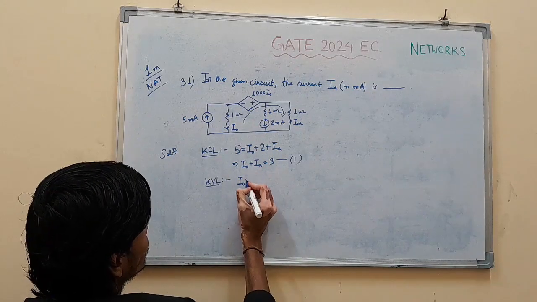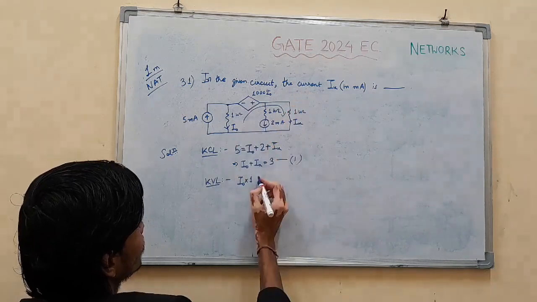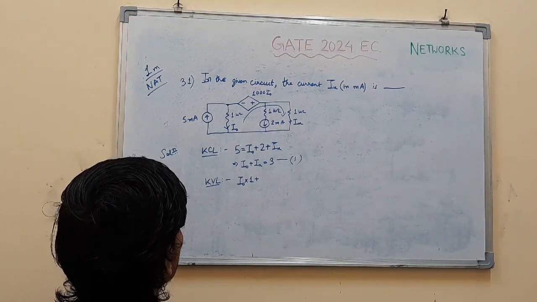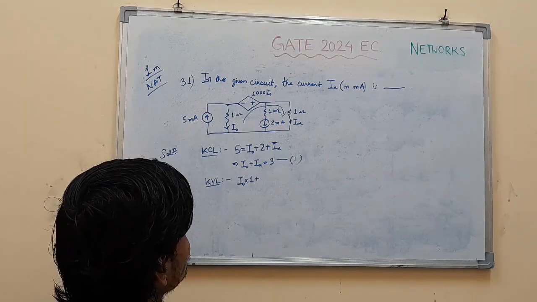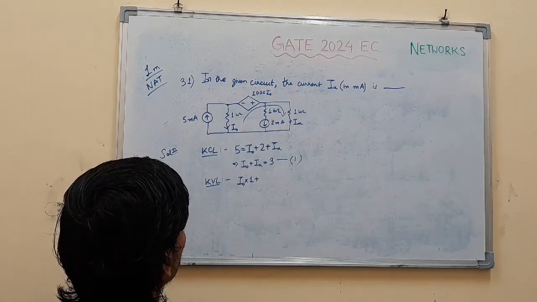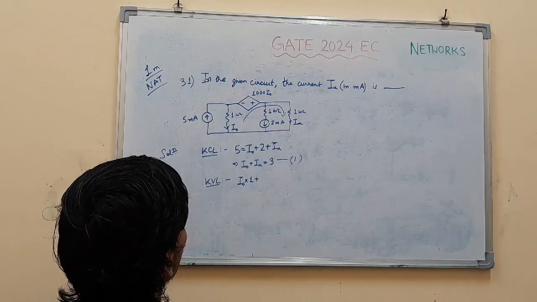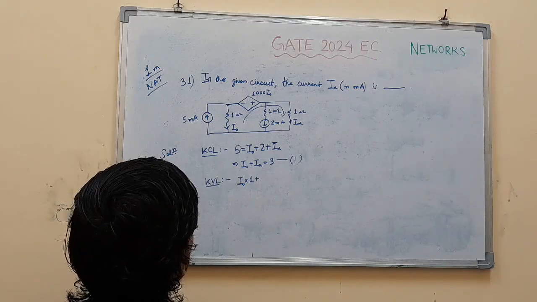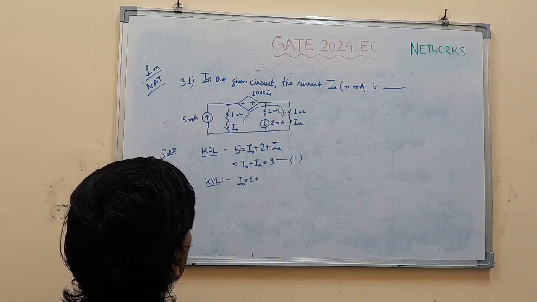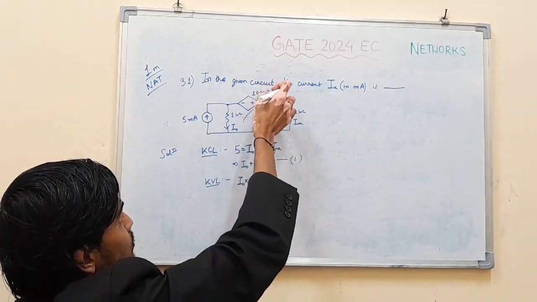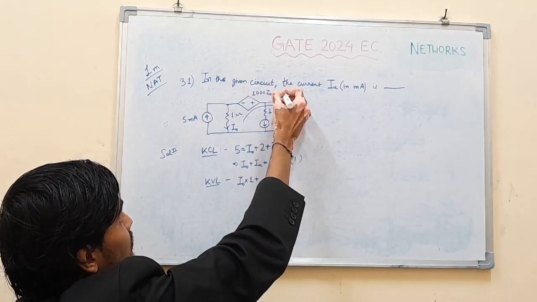So I0 into 1 is also a rise. Thousand I0 is the same as 1 kilo, it is 1K I0.